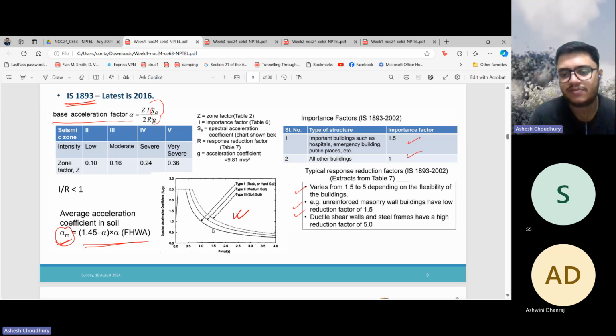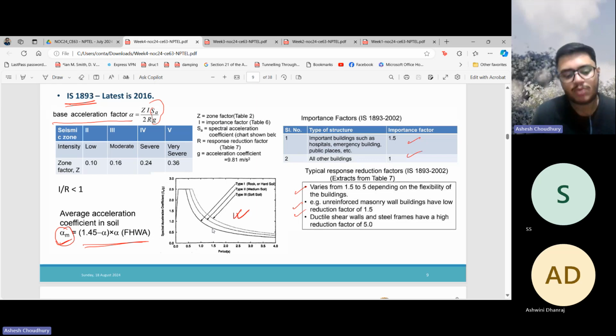In stiff material the shear wave velocity is higher, and in soft soil the velocity is quite low.